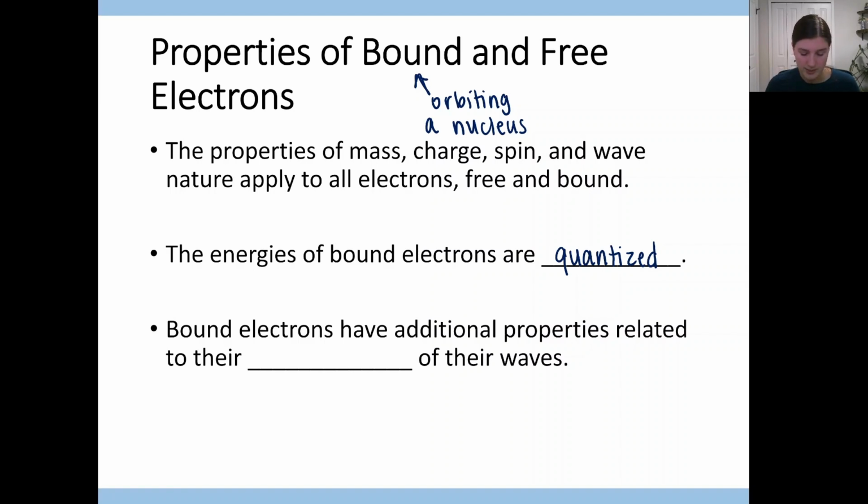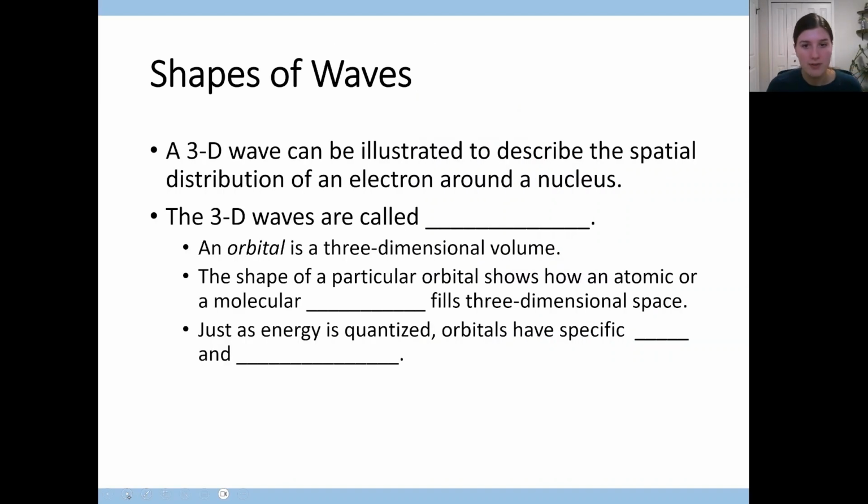So bound electrons have additional properties related to the shapes of their waves. A 3D wave can be illustrated to describe the spatial distribution of an electron around a nucleus. And these 3D waves are called orbitals.